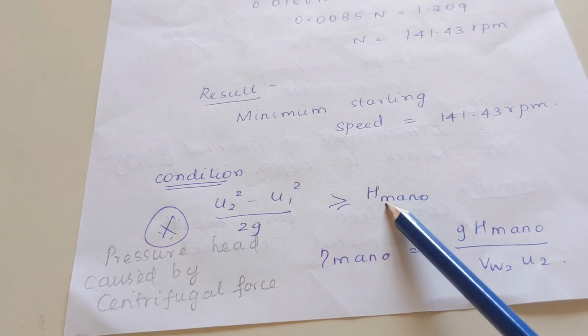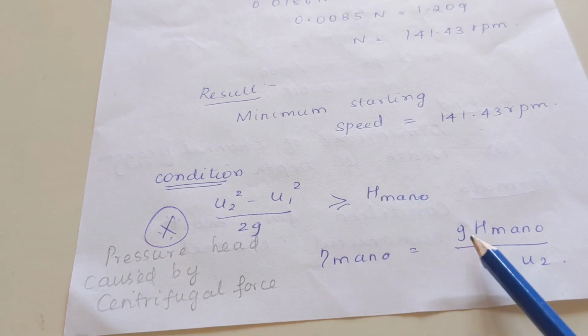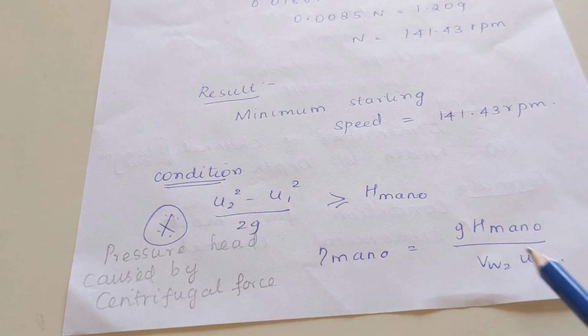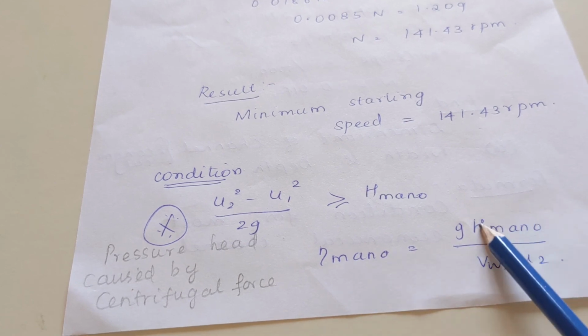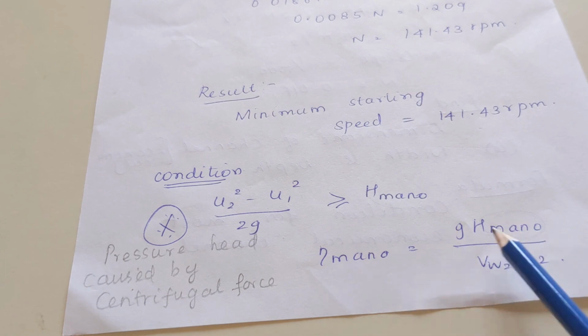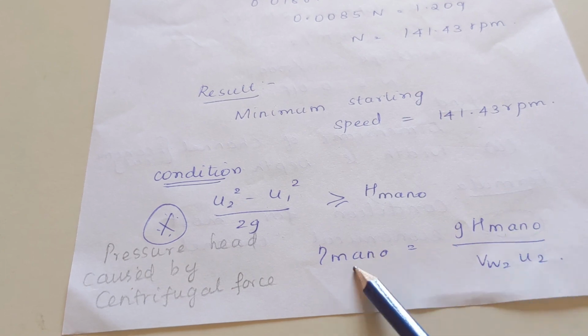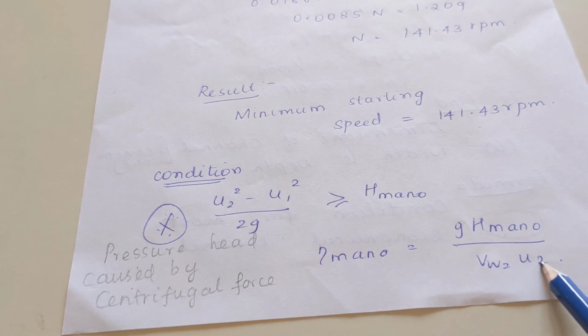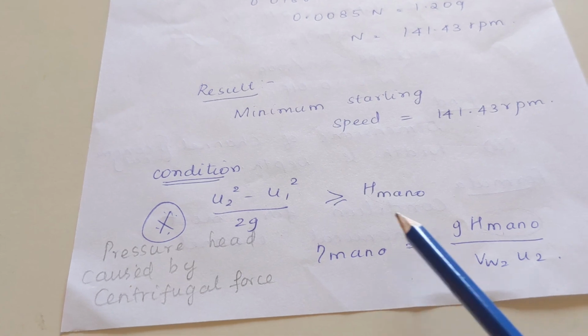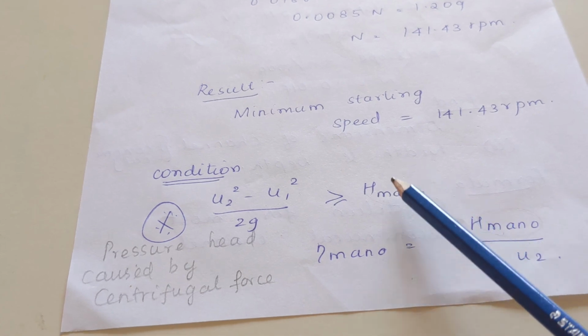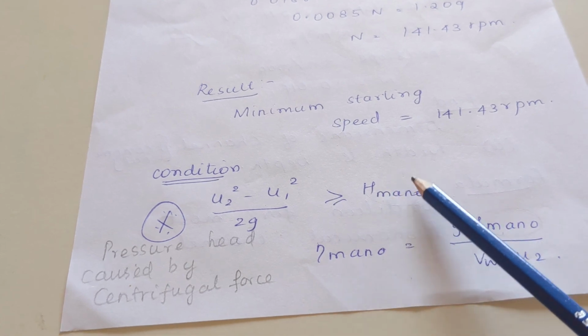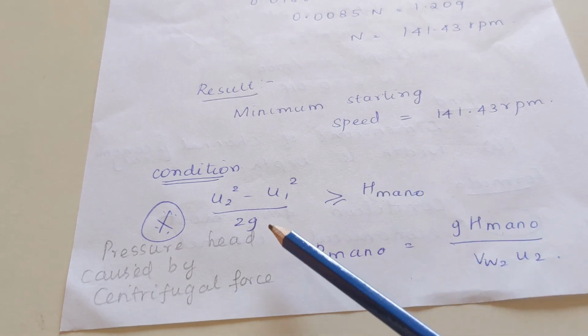So how to find H mano? We know eta mano is equal to G H mano divided by Vw2 into U2. So from this formula you'll get H mano, that is eta mano into Vw2 into U2 divided by G. Substitute this value here, so this G will get cancelled.